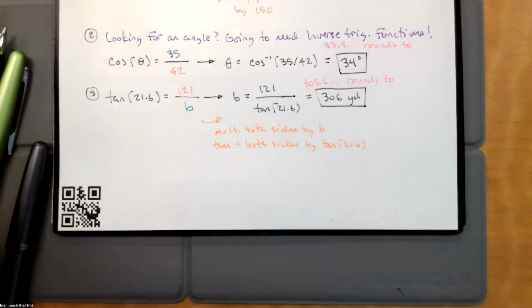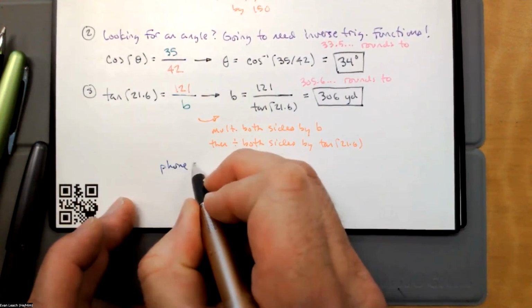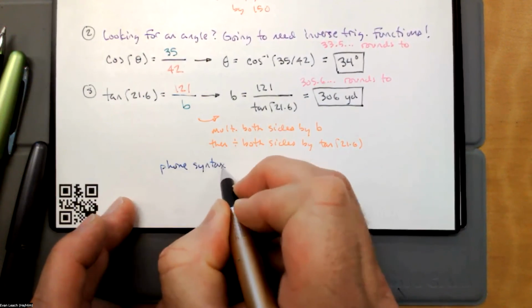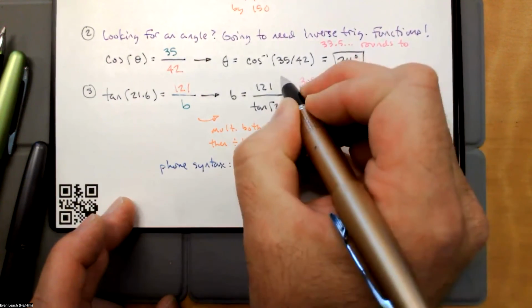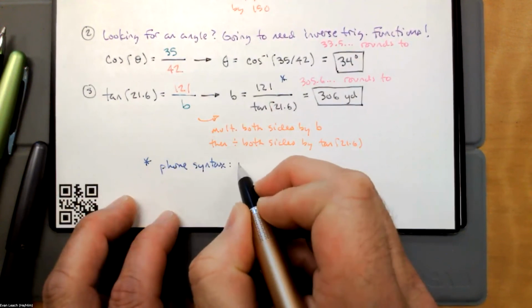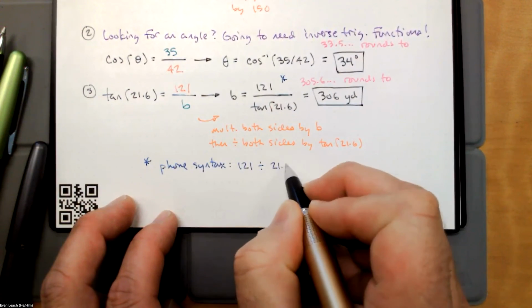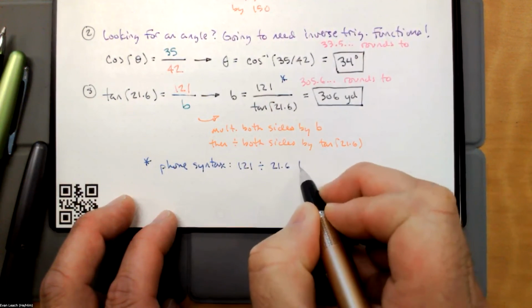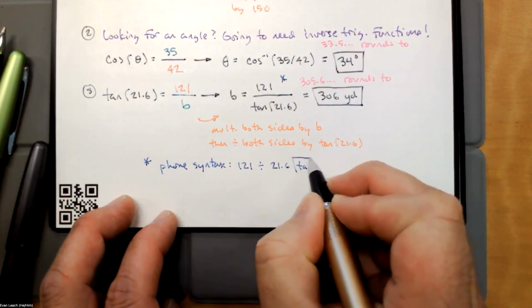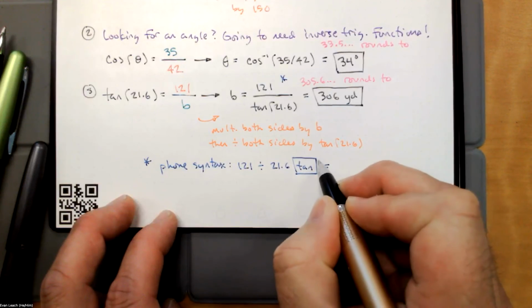So on our phone calculating machines, we would type 121, then divided by, then we would put the 21.6, then we would hit the tangent button, and then we can hit the equals button.